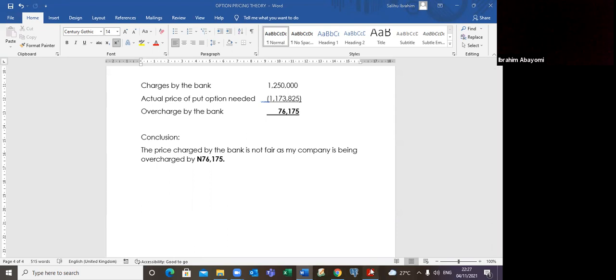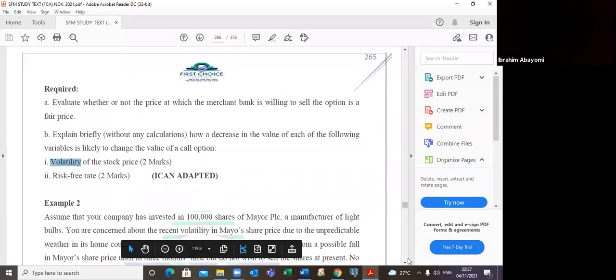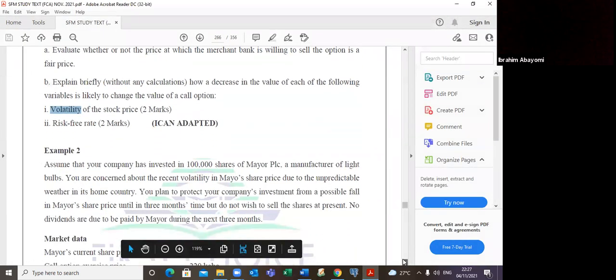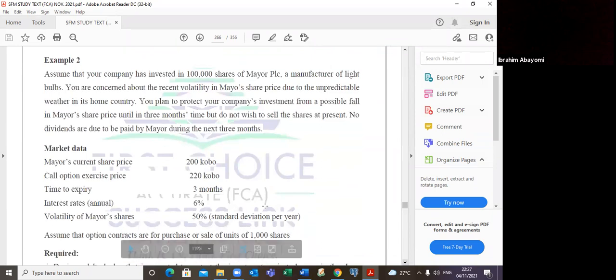So, without wasting time, let's go to question number 2. Assume that your company has invested in 100,000 shares of Major PLC, a manufacturer of light bulbs.